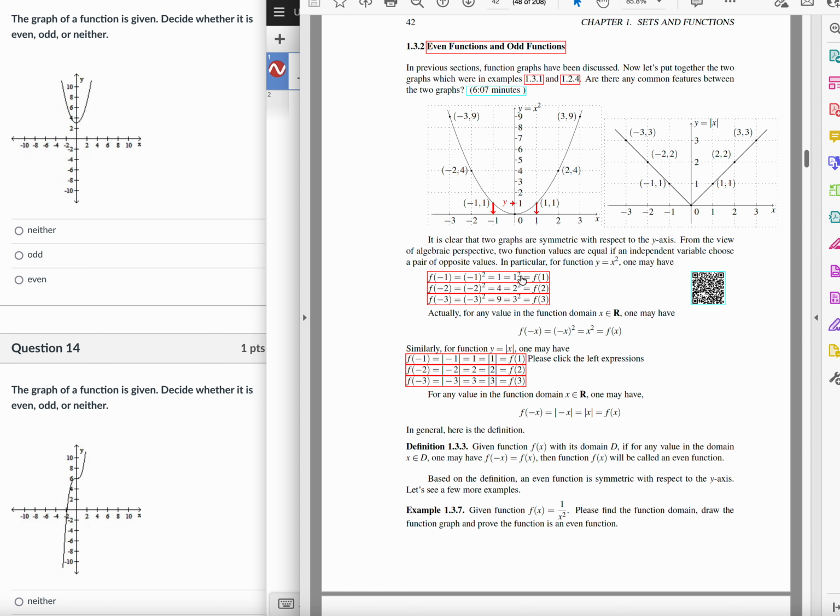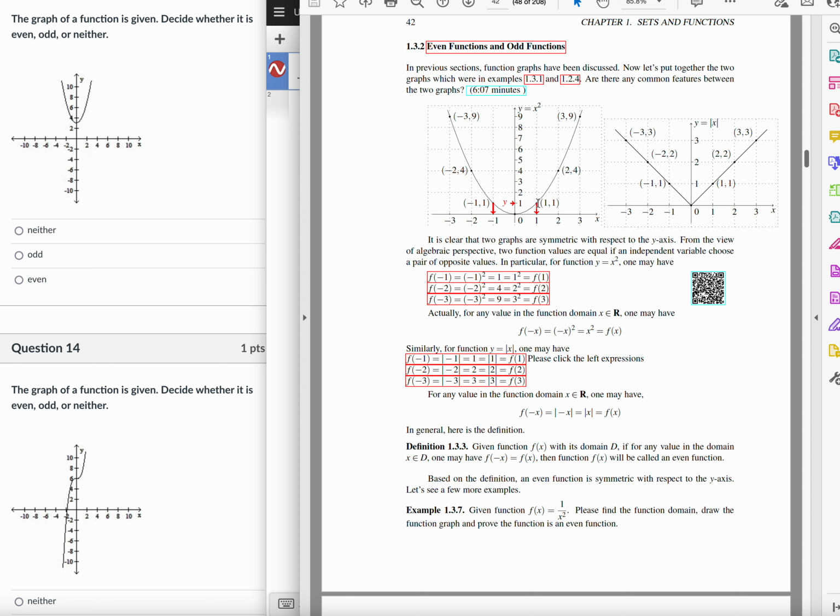You see here, you plug in -1, you have value y is +1. You plug in +1, then 1 squared is still +1. So -1 squared is 1, +1 squared is 1. They have the same height.